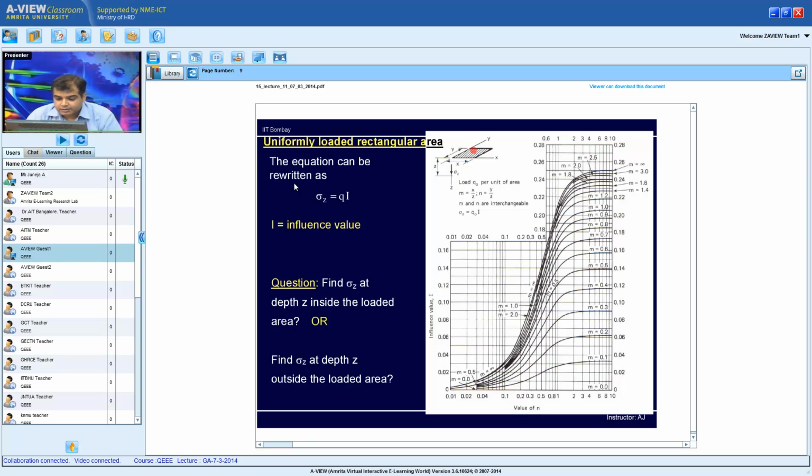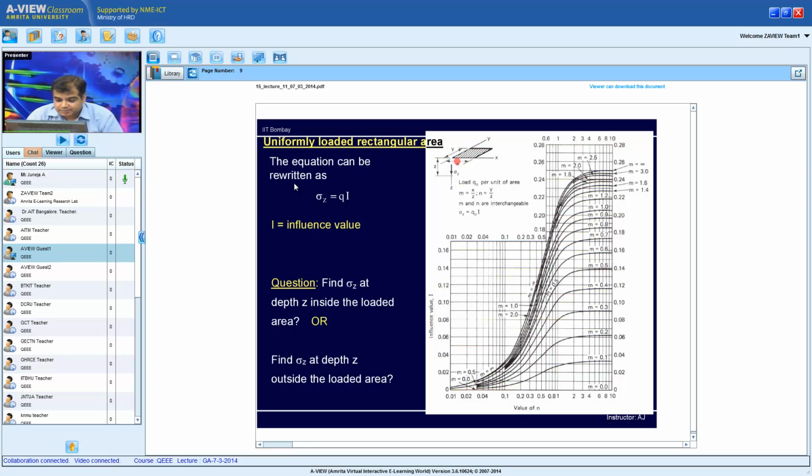So I have to subdivide such that the point is at the corner, then solve for my sigma z value for each and every smaller rectangle or square, and then add the results. Remember, this is elasticity, the principle of superposition works, so I can add them up.